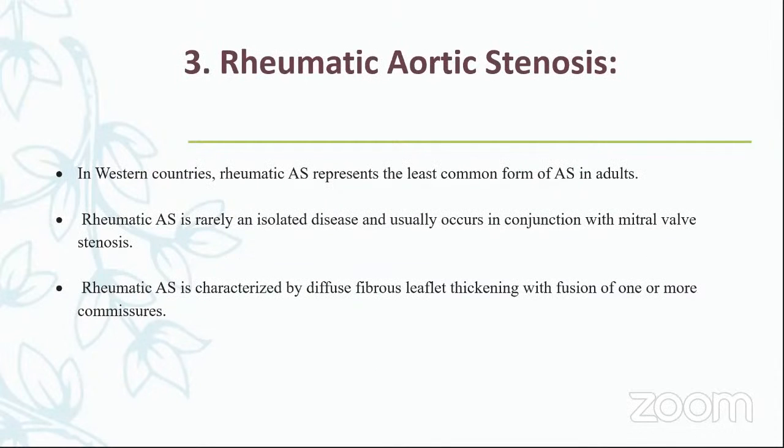The rheumatic aortic stenosis. In Western countries, rheumatic AS represents the least common form of AS in adults. It is rarely an isolated disease, and it usually occurs in conjunction with mitral valve stenosis. Rheumatic AS is characterized by diffuse fibrous leaflet thickening with fusion of one or more commissures.